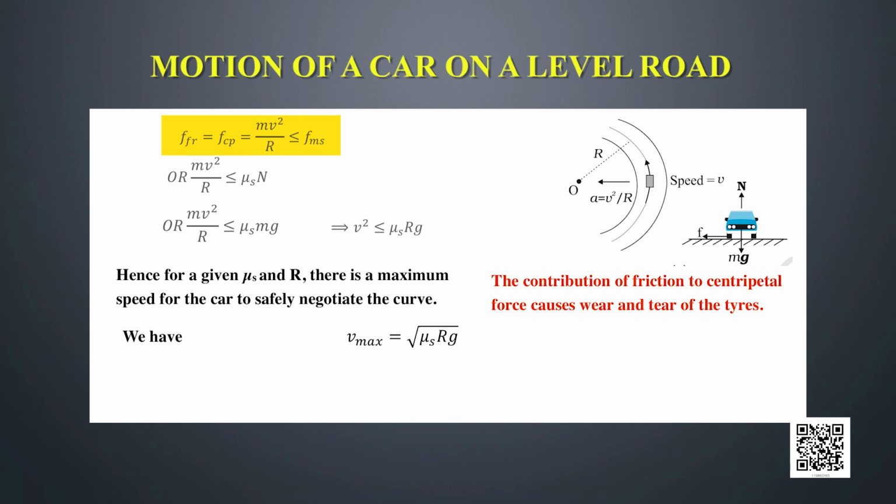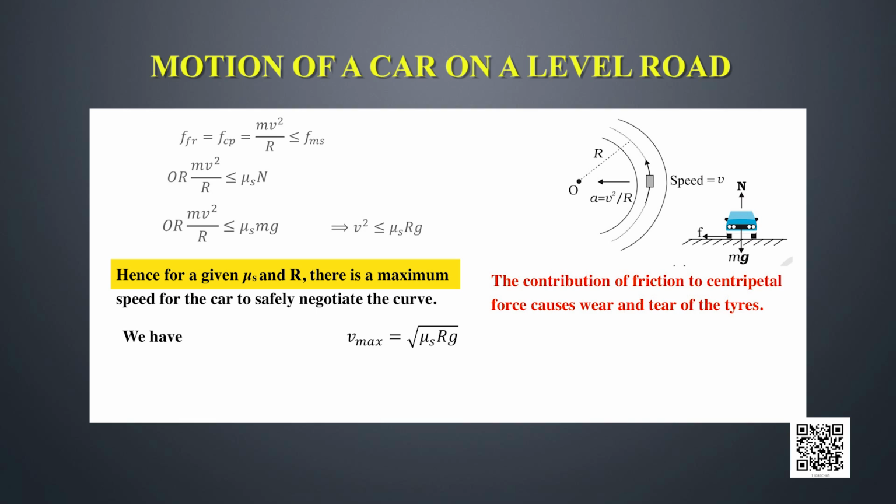It should be less than or equal to the maximum force of static friction, that is f_ms. Or we can write mv square over r less than or equal to mu s N, or mv square over r less than or equal to mu s mg, because N is mg. This implies v square less than or equal to mu s r g.